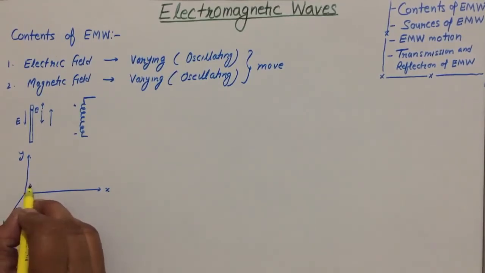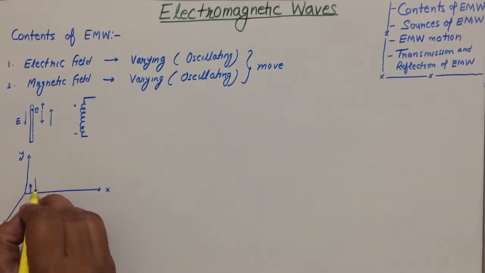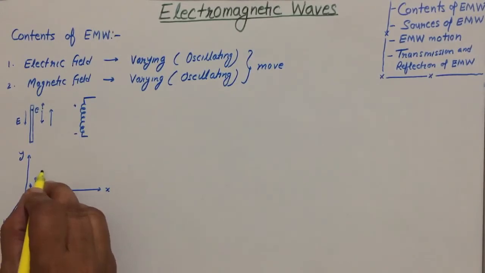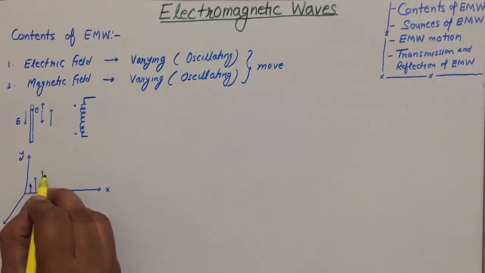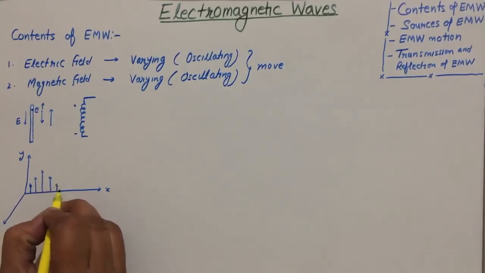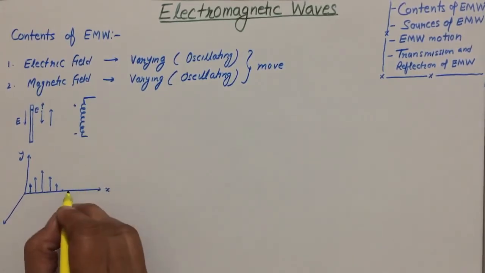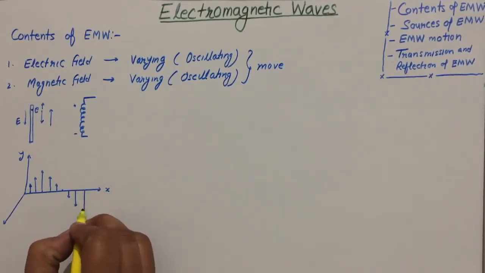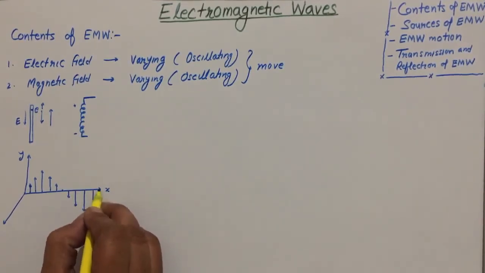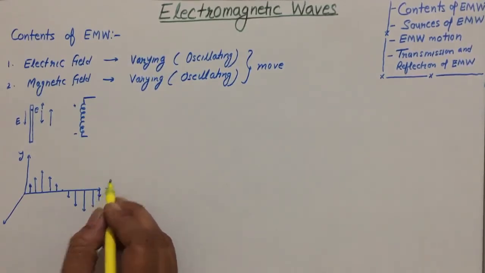Here the electric field is with this strength, here the electric field strength is this, and in this way the strength of the electric field varies, like this.